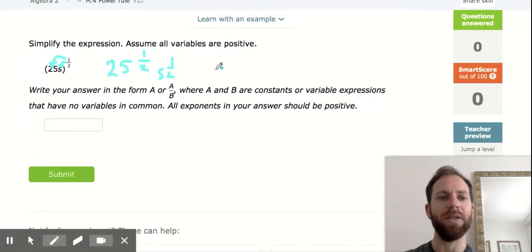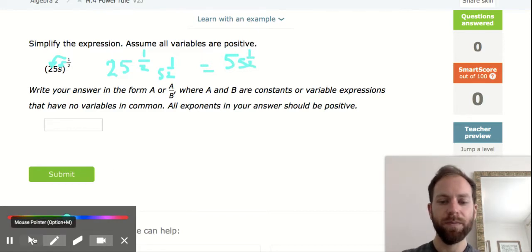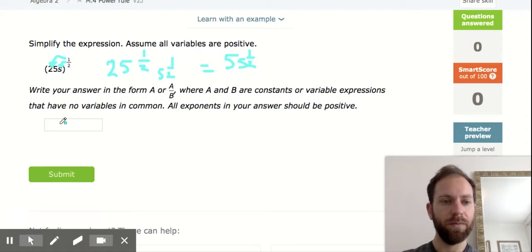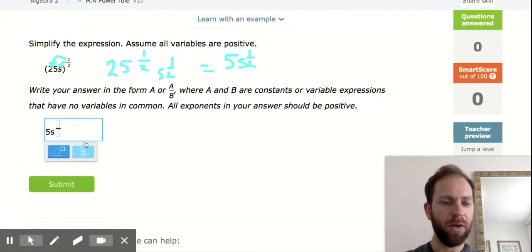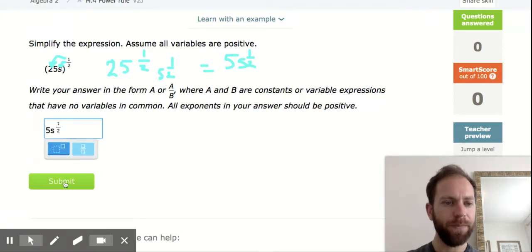Well, that's the same as the square root of 25, which is 5. So this is 5s to the power of 1/2.